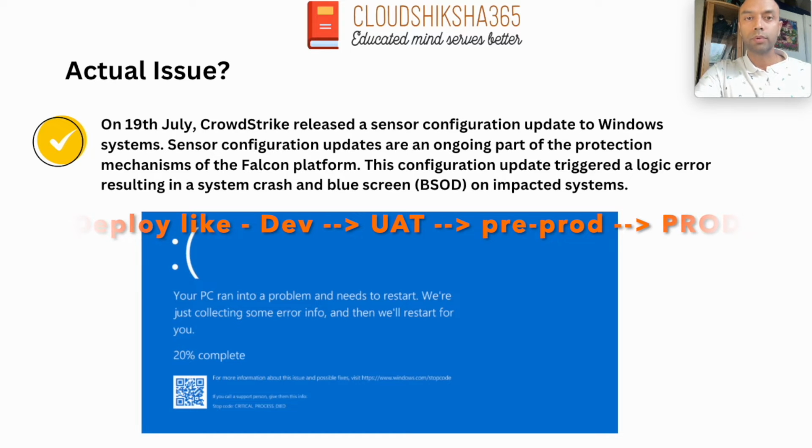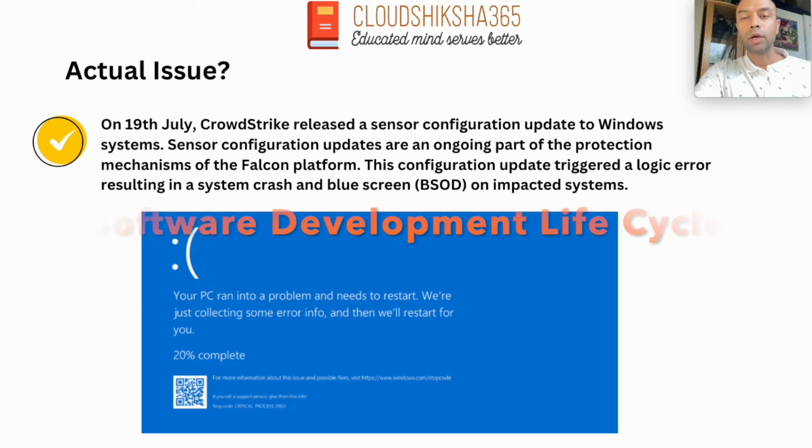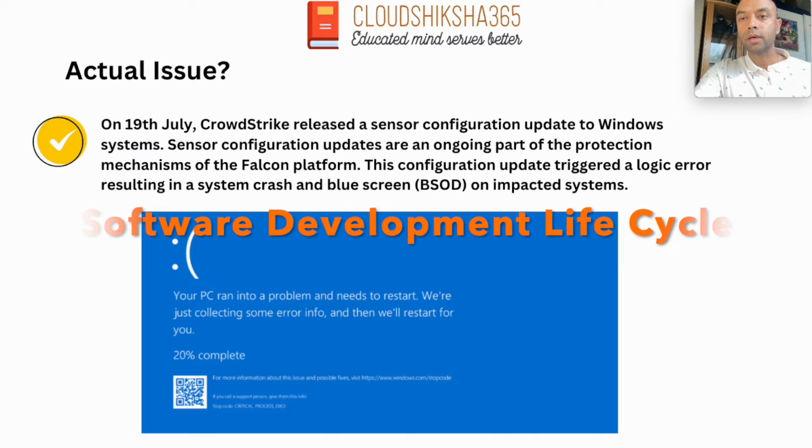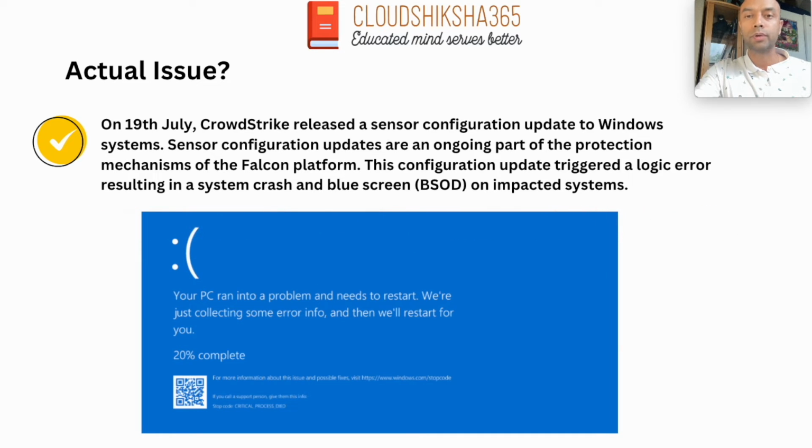That is the sort of 3, 4, or 5 phases depending upon the kind of application or criticality that you are dealing with. In the same way, CrowdStrike also released a software update, a bug fix. As I just explained, these sensor configuration updates are an ongoing part of the production mechanism, because this is continuous development.